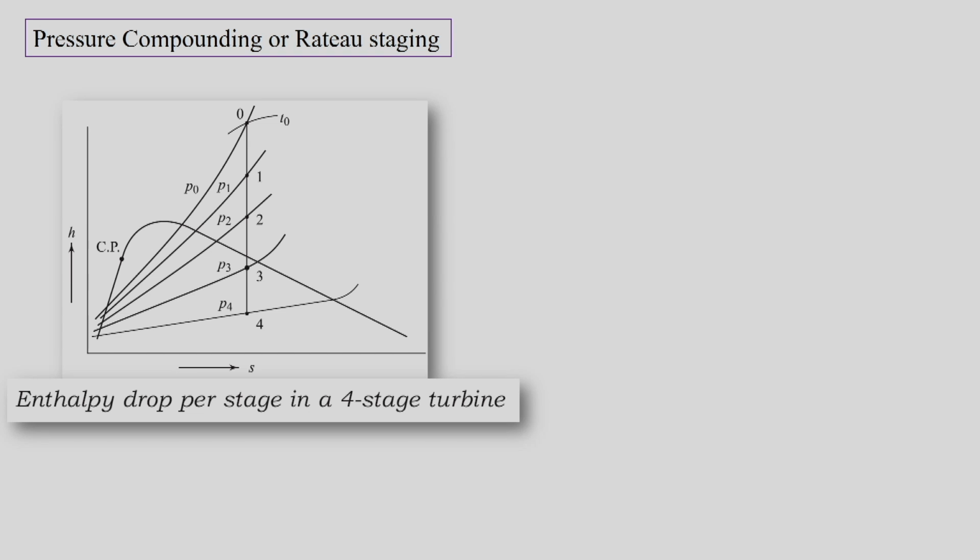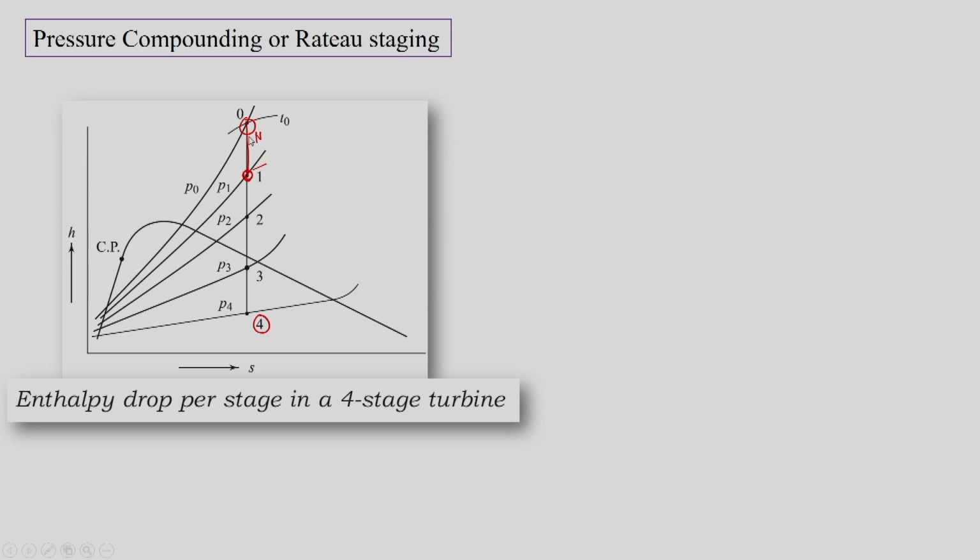So, we can see the TS diagram or HS diagram for the pressure compounding. We know this is the boiler and this is the condenser. In the first stage we will have the first enthalpy drop in the nozzle. So, this is the nozzle enthalpy drop, and at this point we have the rotor.